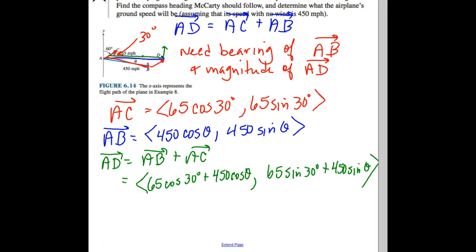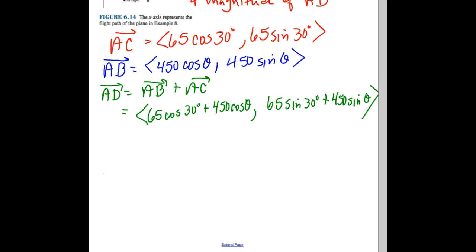So can we substitute in and say that we know we're going to have a horizontal component, but this vertical component should come out to be 0. If we're heading due east, there is no vertical movement. So can we take and set this equal to 0?